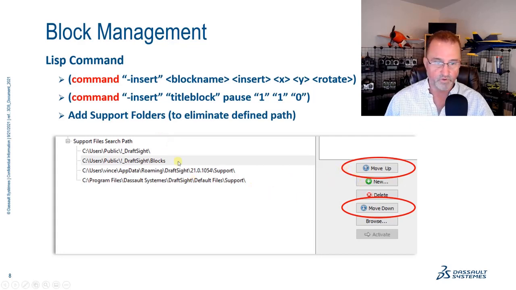And again, you can move those up and down, and the way DraftSight works is as it searches for this title block, if I specify it here, it will look through all these support folders first before it will give me an error that it cannot find it.